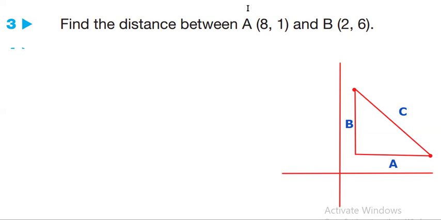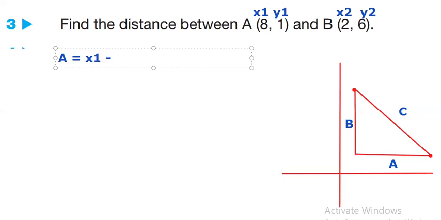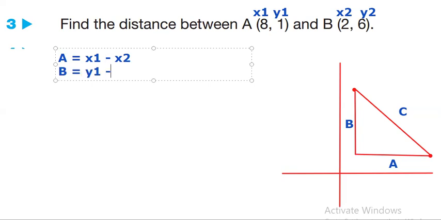So here, this is X1 and Y1, and then we have X2 and Y2. The rule says that A will equal x1 minus x2, and B will equal y1 minus y2. Now, after you do this, you'll find A and B. Use them in Pythagoras to find C, which is the distance.